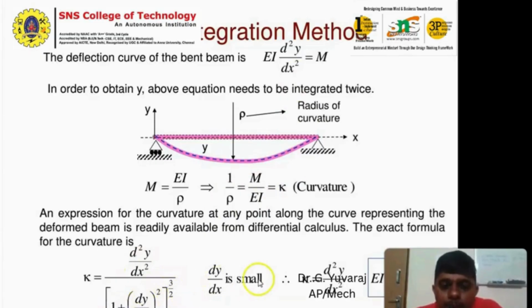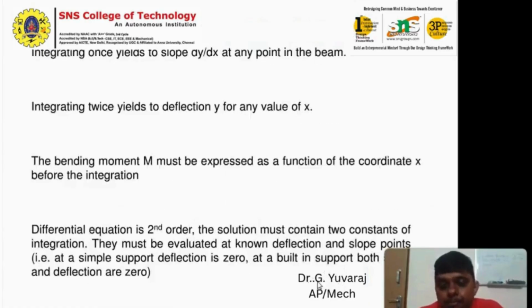Since dy by dx is small, we need to neglect this term. This is the basic integrated equation which we use for analyzing the structure: M is equal to EI d square y by dx square.